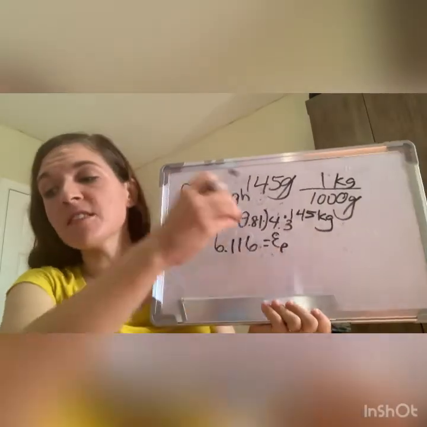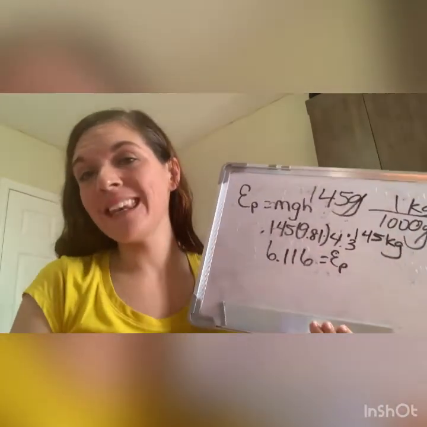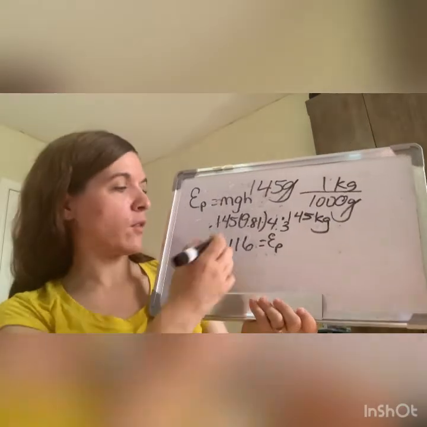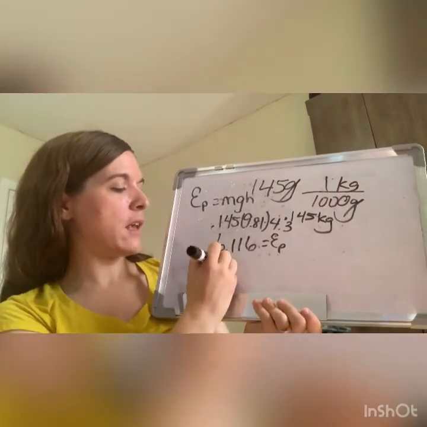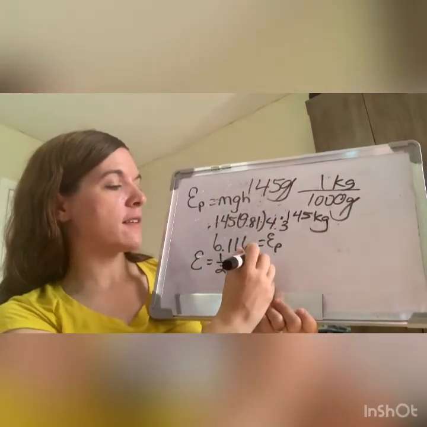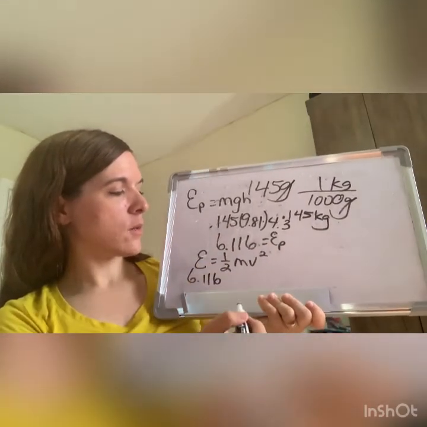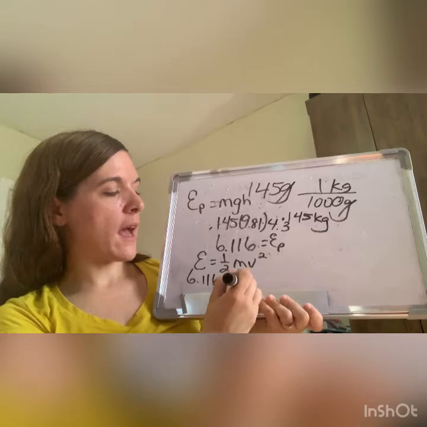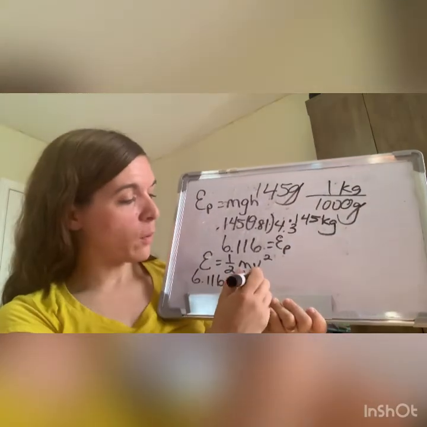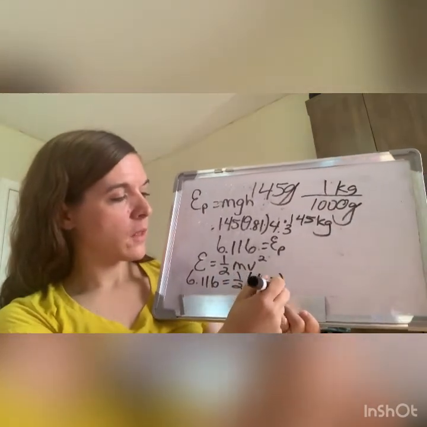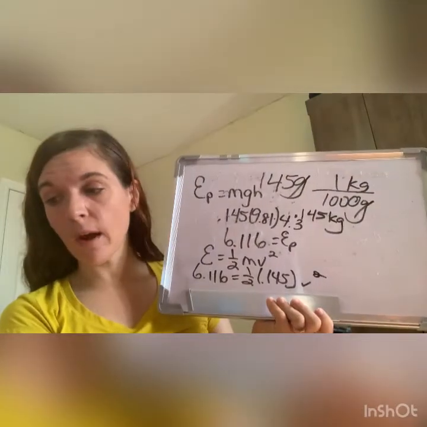Now we're going to convert that potential energy into kinetic energy to see what the speed was, right? So now we have E equals 1/2 mv squared. Our E is 6.166, times 1/2. Our mass is 0.145, remember? And we're looking for our velocity squared, okay?